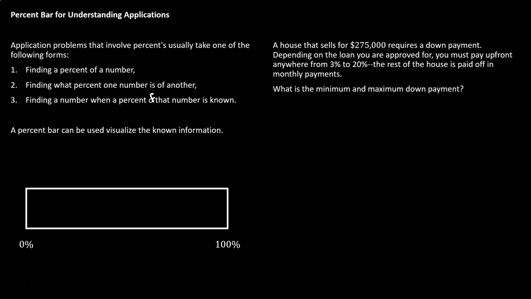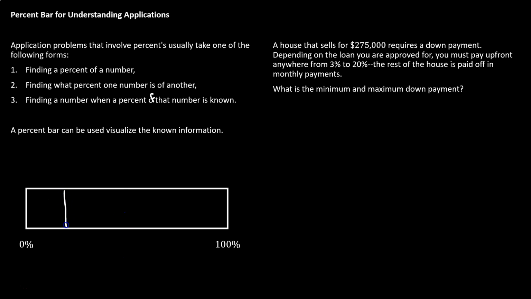The way that a percent bar works is the bar, it's basically a rectangle, represents 100%. So if I had colored this whole thing in, that would represent 100%. If instead I only color in exactly half of it, then that colored in portion would represent 50%. And I can cut this however I want.